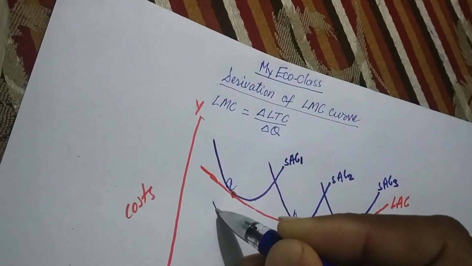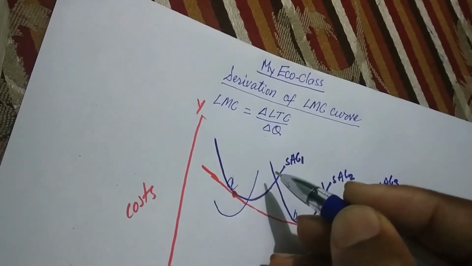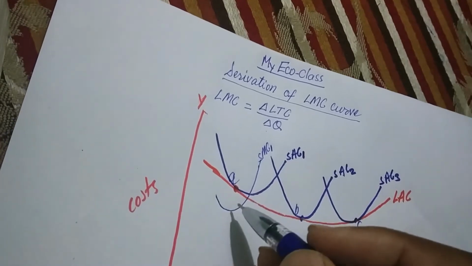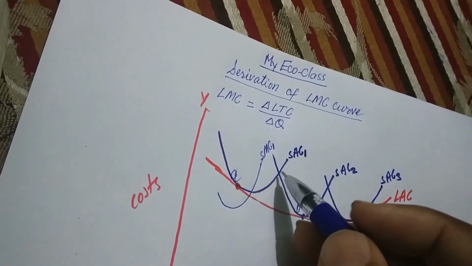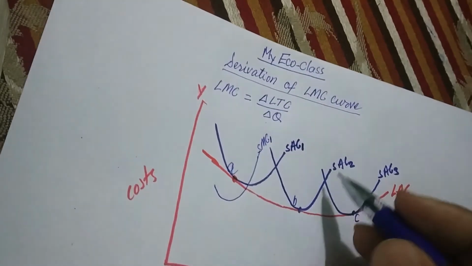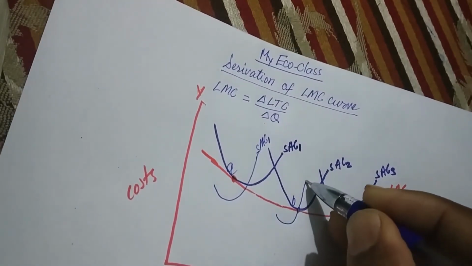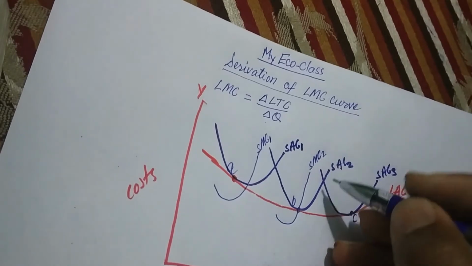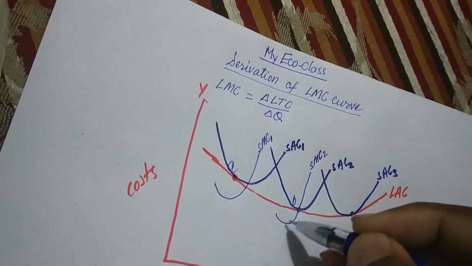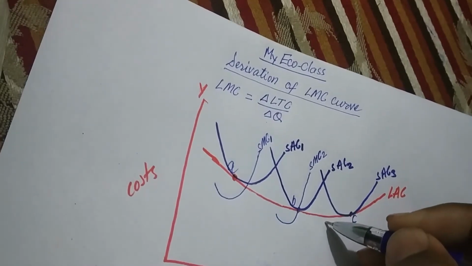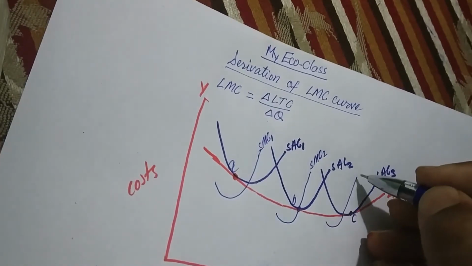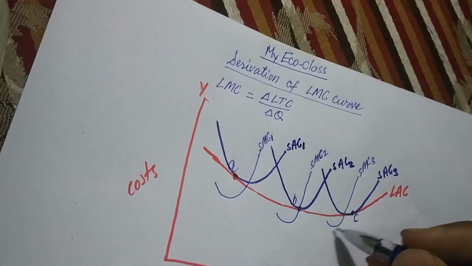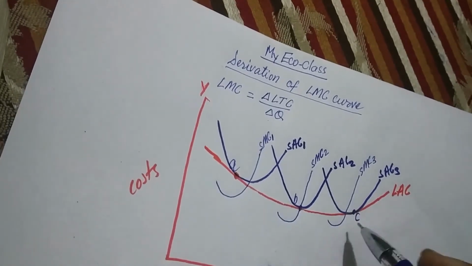The short run marginal cost curve 1 represents short run marginal cost incurred for the use of this small size of plant, and this short run marginal cost curve 2 represents short run marginal cost incurred from the use of this medium size of plant, and short run marginal cost curve 3 represents short run marginal cost incurred from the use of this bigger size of plant.